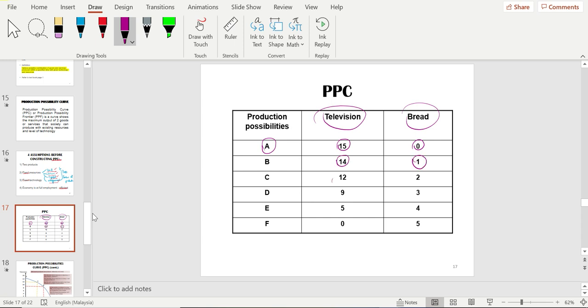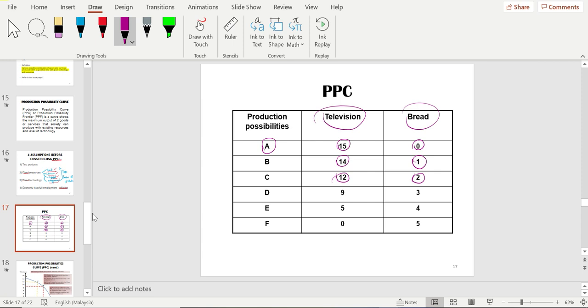At C, 12 TV, 2 bread. Okay, so this is all the possible combination yang dia boleh buat menggunakan resource yang ada. So the country need to choose which combination yang terbaik untuk negara diorang. And whichever combination is depends on the wants of the people inside the country lah.